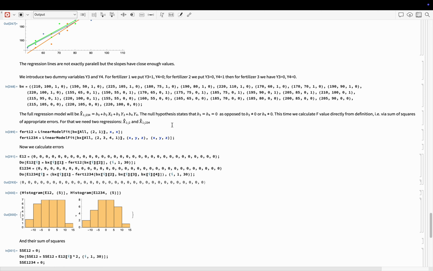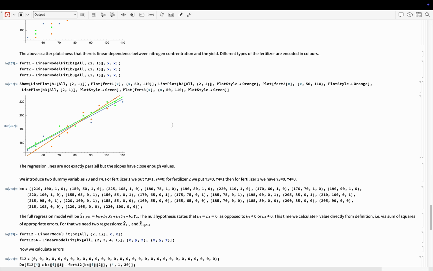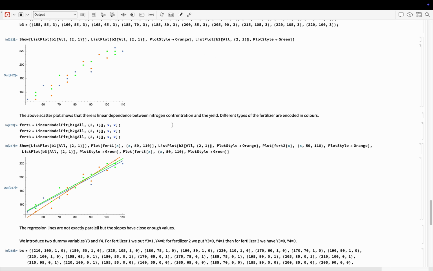Let us at the very end underline the difference of this example as opposed to the previous one.